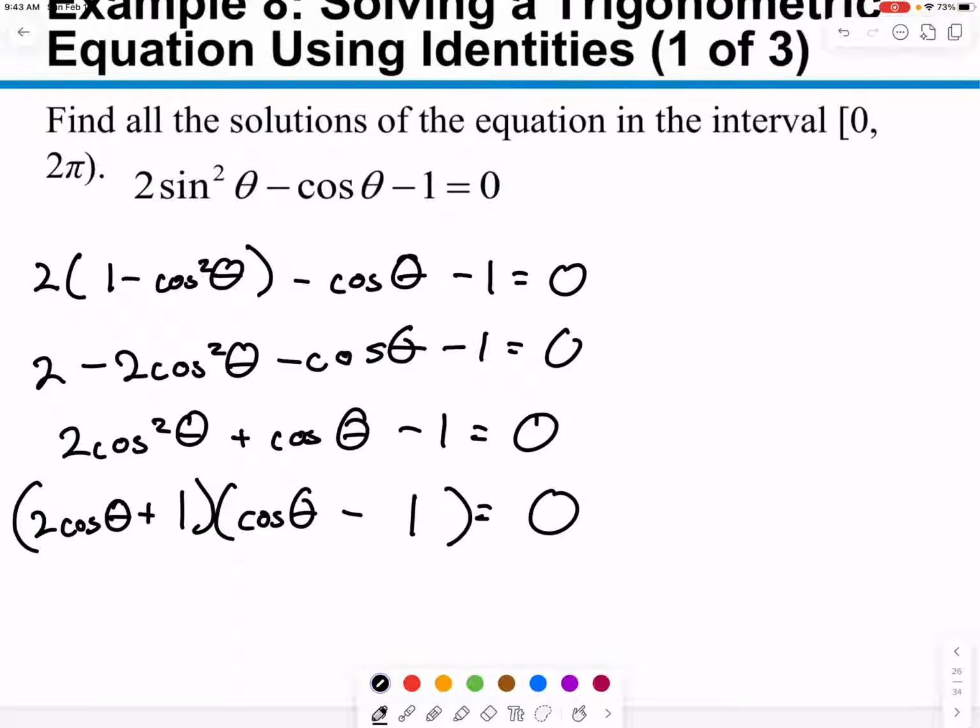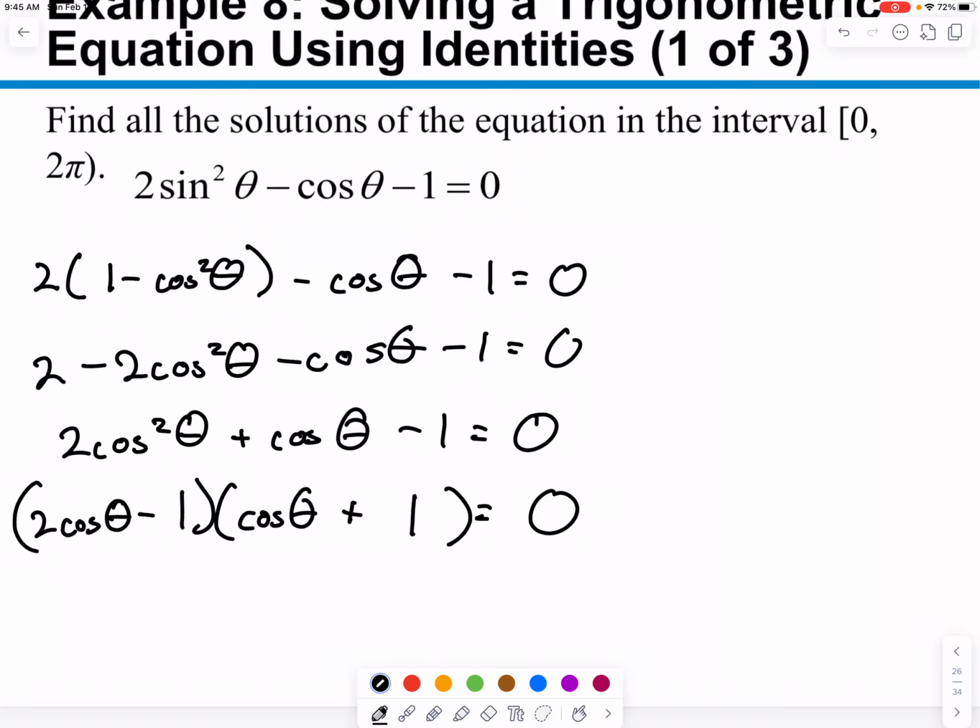Let me do a quick check. So first, outer minus 2. So let's reverse the signs. Let's make this guy plus. And now let's try it. So first, outer, and then inner. So you have 2 cosine theta minus cosine theta to give you a 1 cosine theta, and then minus 1. All right. Okay. So I think we're good there.